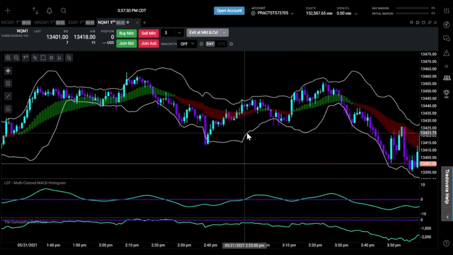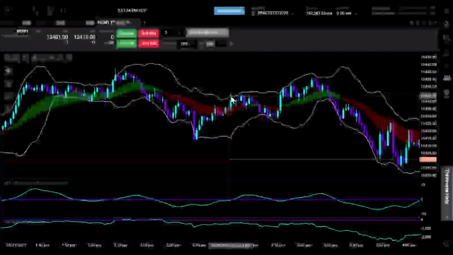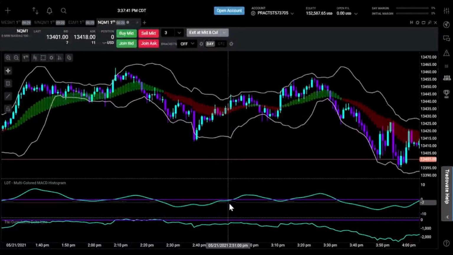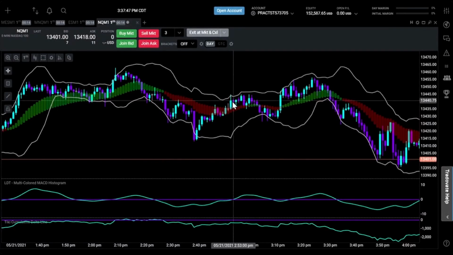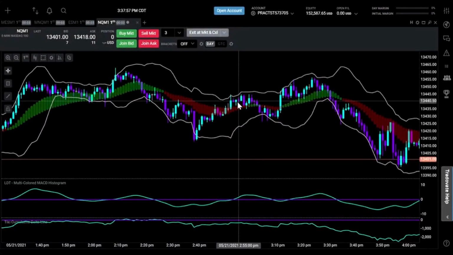It's kind of a bad example because there weren't many examples Friday, but you would have got short right here because it was below zero. Cloud was red. You would have got short here. You would have most likely got stopped out at break even. You would have got short, moved your stop down, been in the money a little bit and immediately got broke even.